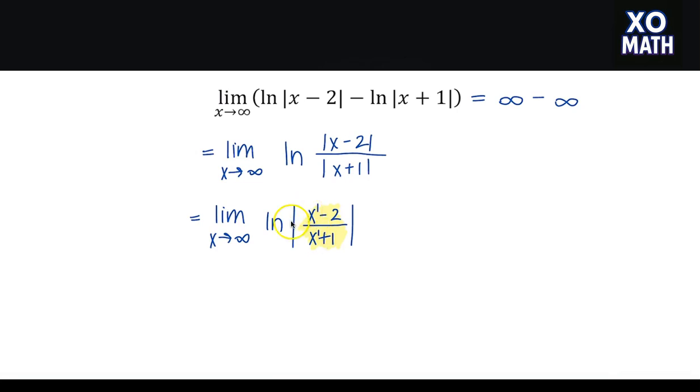So let's remember that as x approaches infinity, if the degrees of the polynomials are the same, then the answer is just the leading coefficients taken over each other. The leading coefficients are 1 over 1. So the limit as x approaches infinity of the inside is just 1. So what I have is natural log of the absolute value of 1. Well, natural log of 1 is just 0.